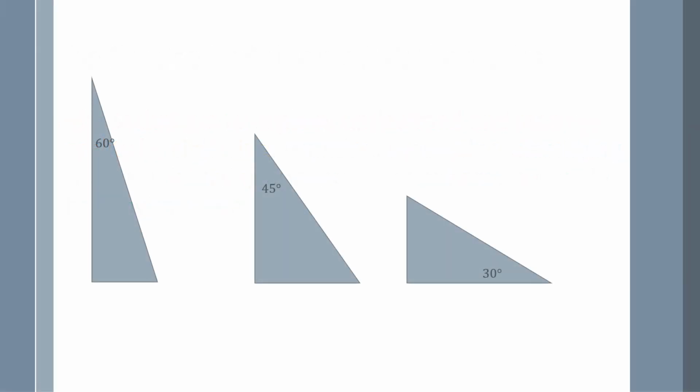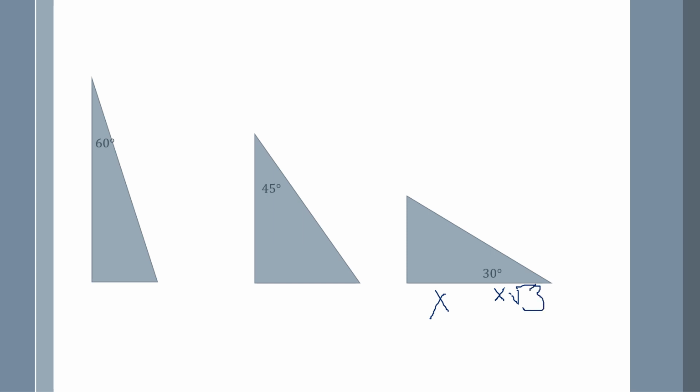So far, we've been working with the 30-degree triangle and the 45 and 60-degree triangles. In the 30-degree triangle, the long leg is going to be on the x-axis, and its length is the short leg times the square root of 3.